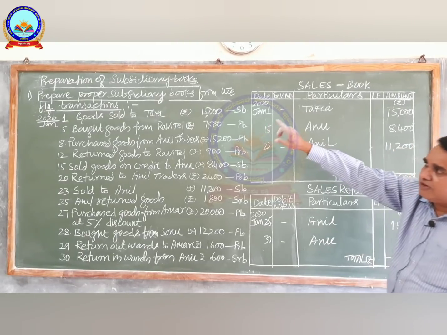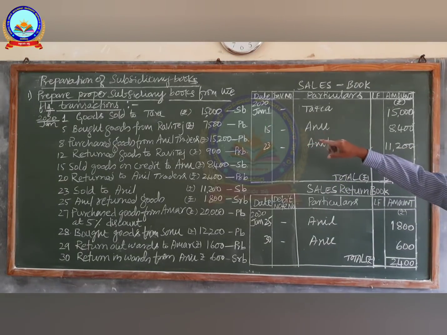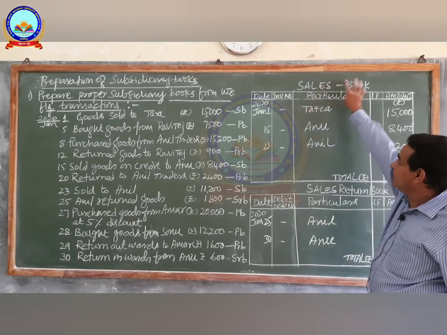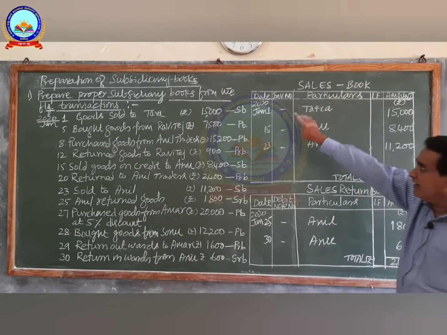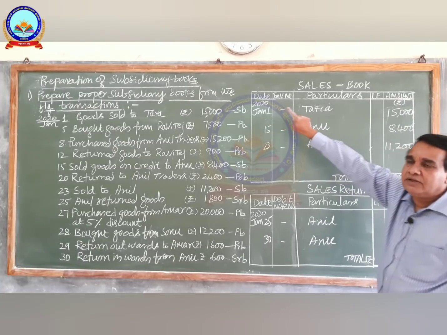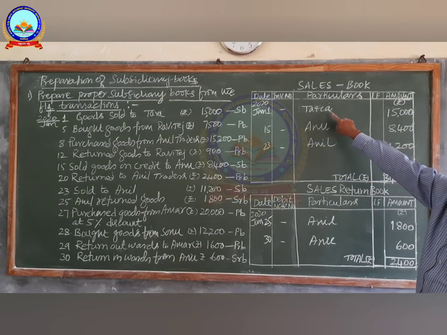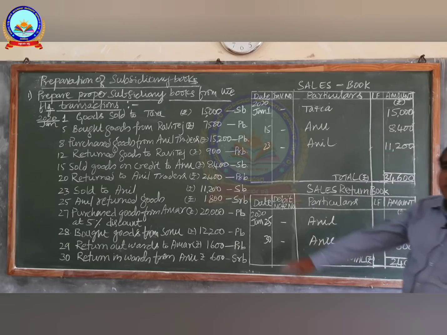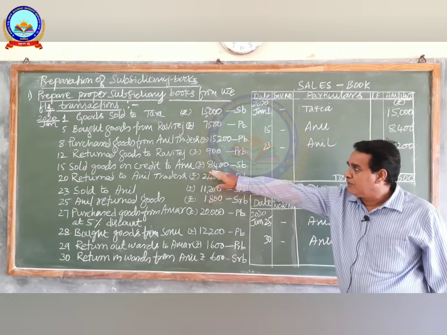In the problem, the very first transaction is related to the sale of goods on credit to Tara. This transaction will be recorded in the sales book. Write the date January 1st. Write the customer's name Tara, amount rupees 15,000. Next, on 15th, sold goods on credit to Anu.